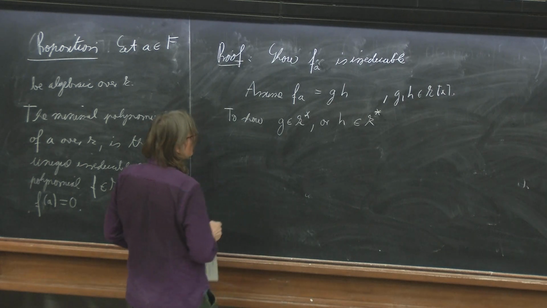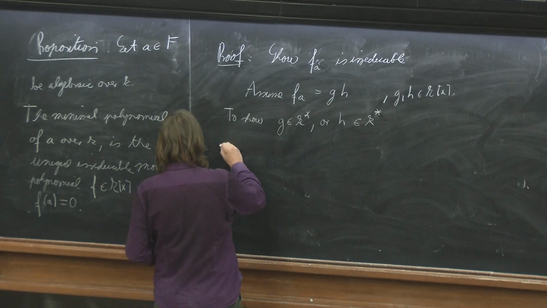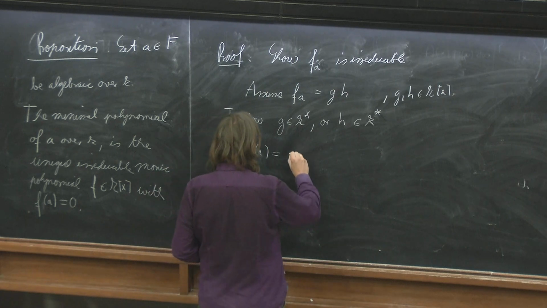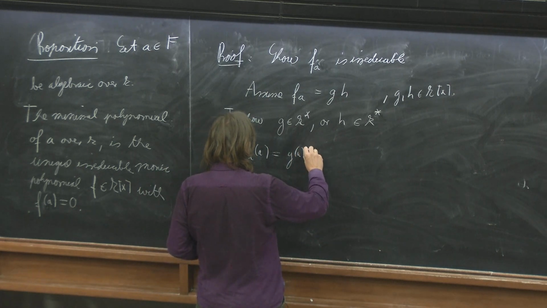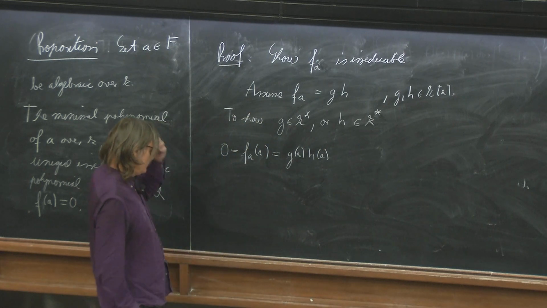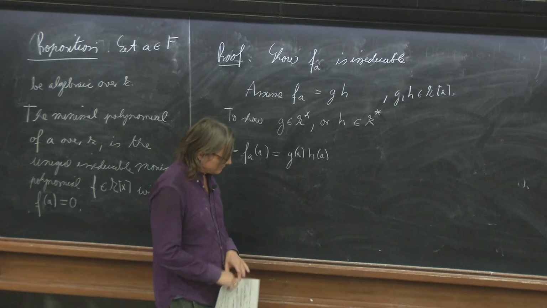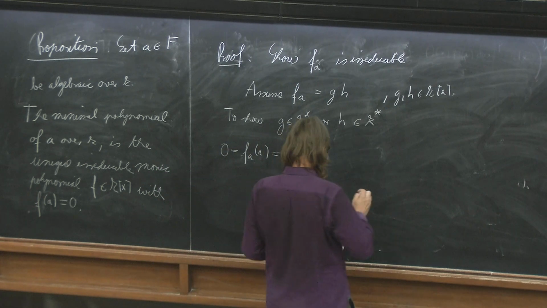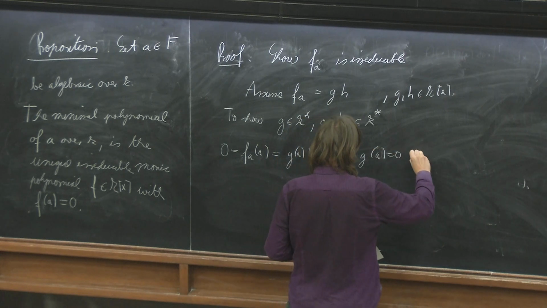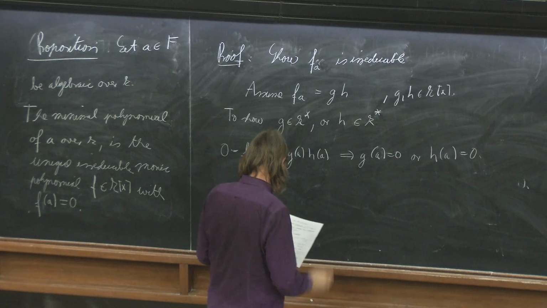So we know f_A vanishes at A, so 0 is equal to f_A(A), which is equal to g(A) times h(A). As we are in a field, if a product of two things is 0, then one of them must be 0. So it follows that g(A) is equal to 0, or h(A) is equal to 0.